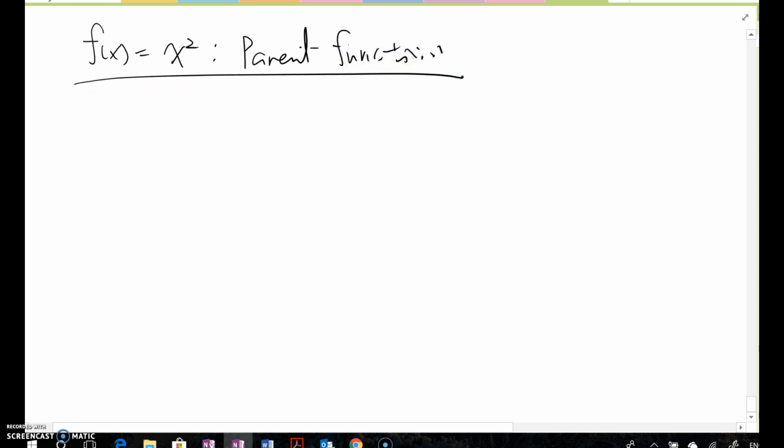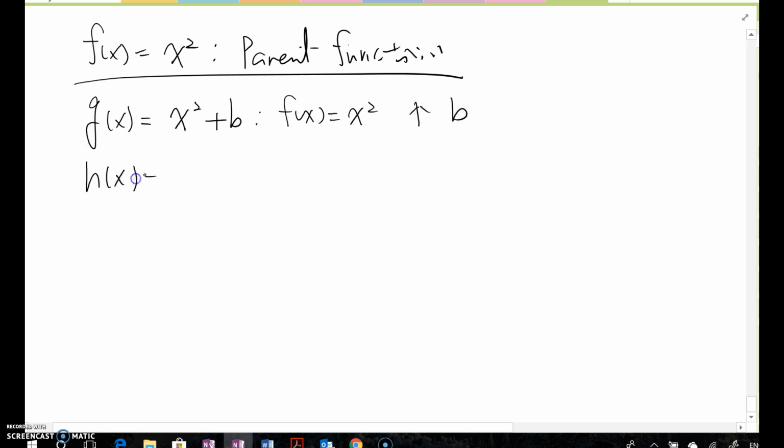And based on this, we can find its transformation, such as given g(x) equal to x squared plus b, then g(x) is f(x) equal to x squared moving up b units, right? And then given h(x) equal to x squared minus b, the same thing, f(x) moving down b units.